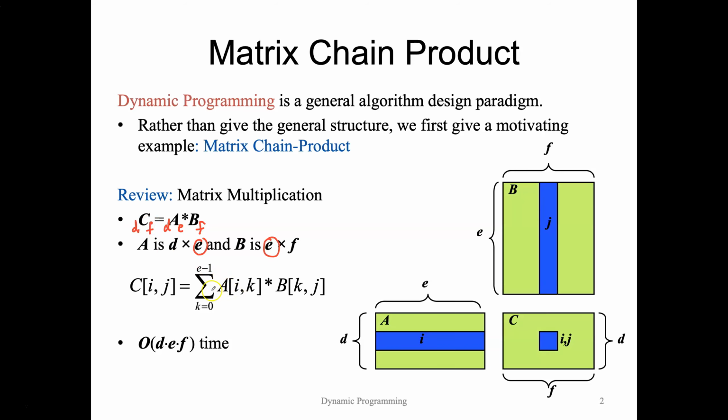Now how we calculate this: the value at each cell in the matrix C is determined by the summation of the products of each element in A and each element in B at that specific row and column.